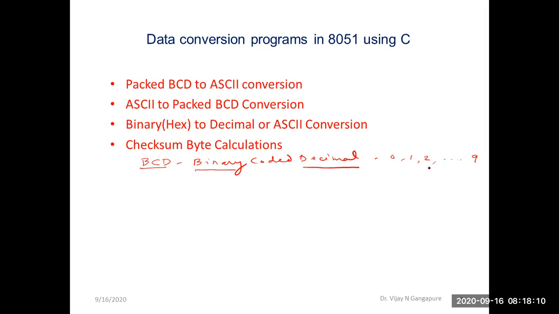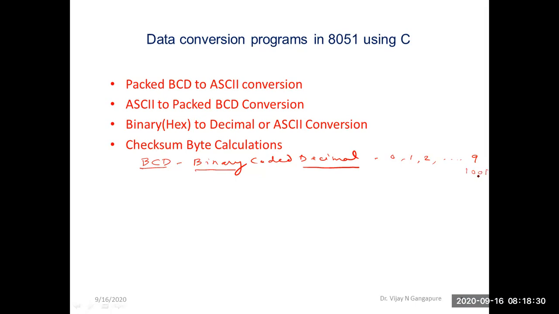How many bits are required to represent these numbers? The highest number is 9, and to represent 9 we require 4 bits, because in binary 9 is 1 0 0 1.